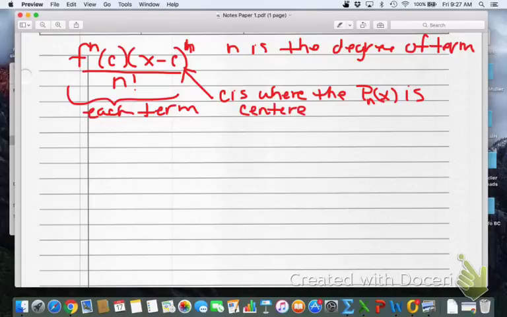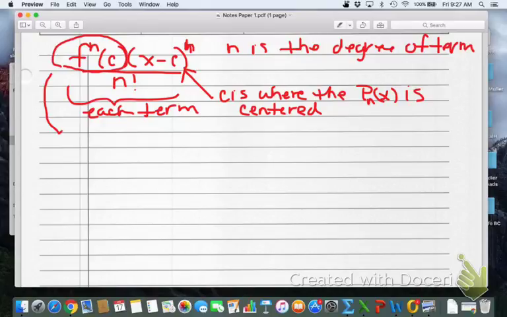That way I don't have to keep writing the word polynomial. All right, so we can choose it to be centered at 0, and if that's the case, then this is just x to the n. But if we choose for it to be centered at 1 or 2, then it's a horizontal shift to the right of 2. If it was centered at -2, then we would have an x plus 2 here instead of an x minus c.